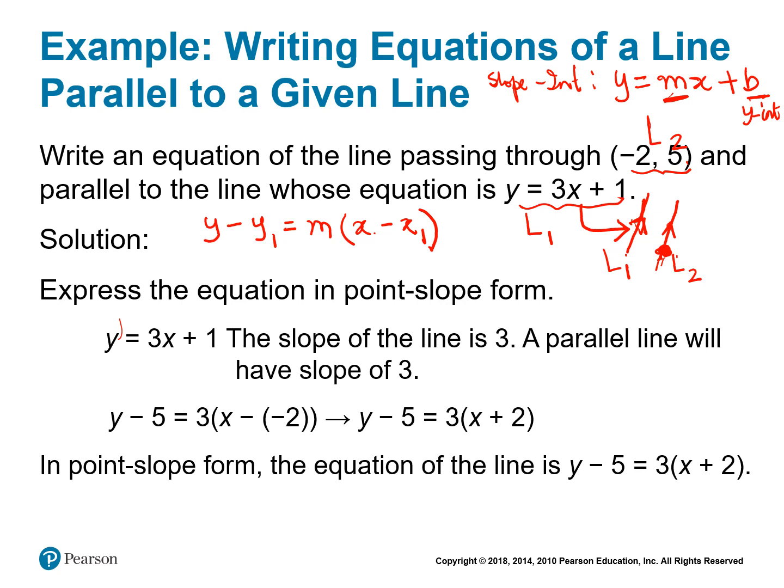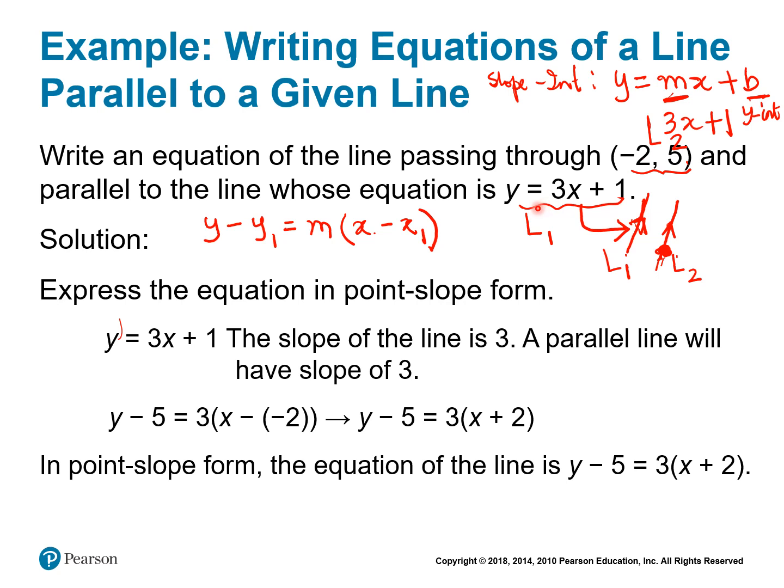So since the equation given to us is 3x plus 1, 3 is going to be our value of the slope. 3 is the slope of line 1.